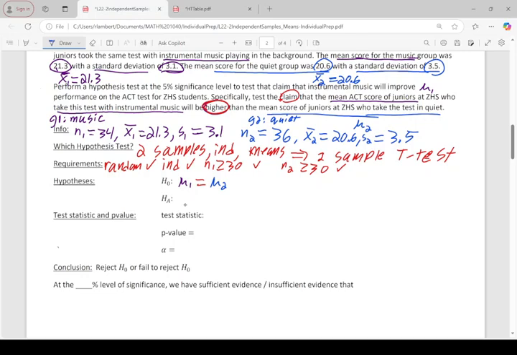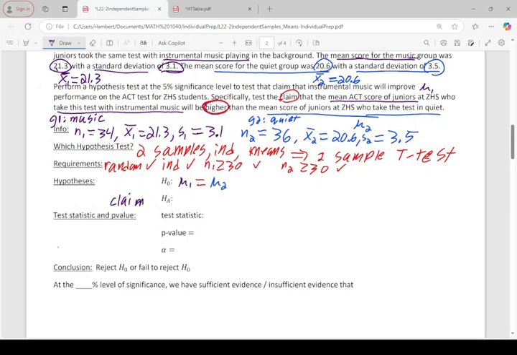The mean score here of mu1 would be if everybody took the test with music playing. And the mu2 over here is saying everybody took the test without music playing. And we have to assume that the music doesn't do anything and that those mean scores would be the same. That's our null hypothesis. The alternative hypothesis comes from, as usual, the claim being tested.